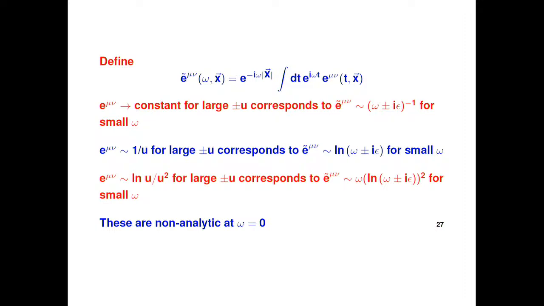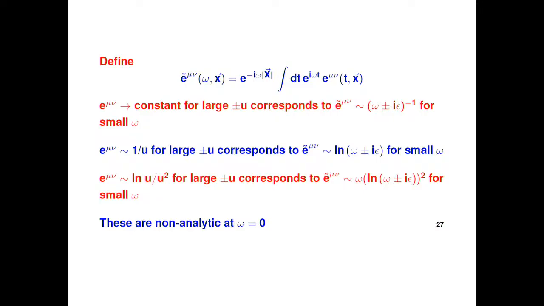Here are the results that you can easily verify by taking Fourier transform. If E mu nu goes to a constant for large positive or negative u, these correspond to the Fourier transform E tilde mu nu as omega plus minus i epsilon inverse. This plus minus i epsilon basically means that if it goes to a constant for large positive u, then it is omega plus i epsilon inverse, where epsilon is a small positive quantity, and if it goes to a constant at large negative u, that is our far past, then the Fourier transform is omega minus i epsilon inverse.